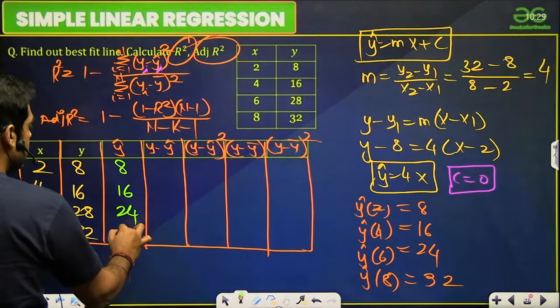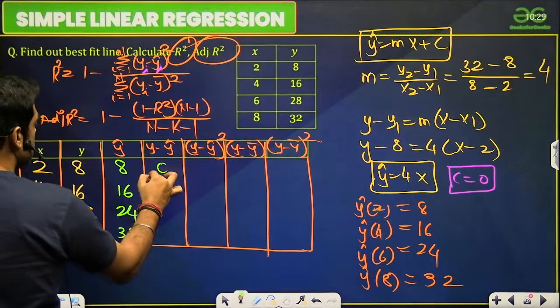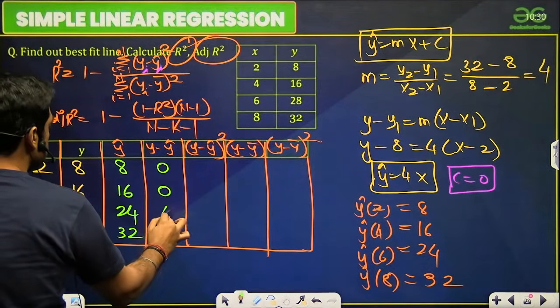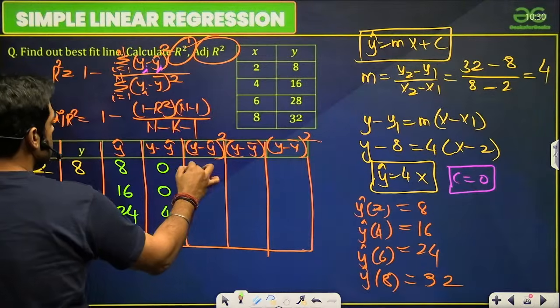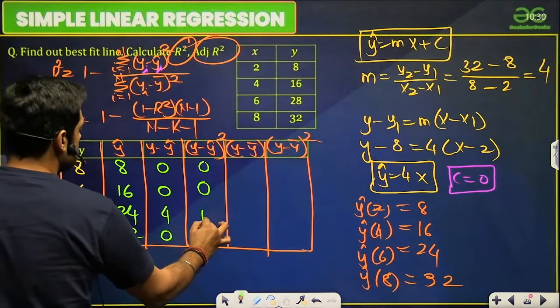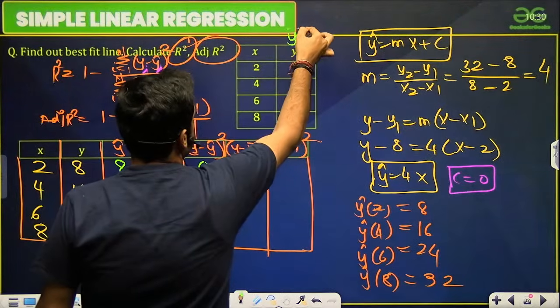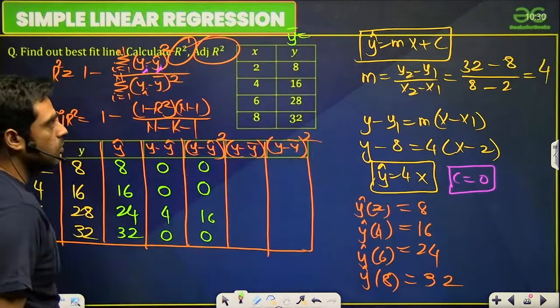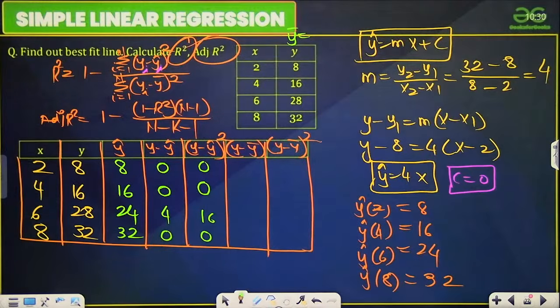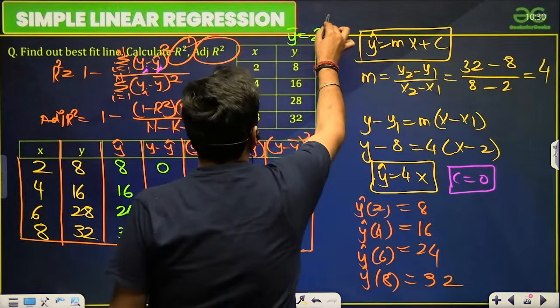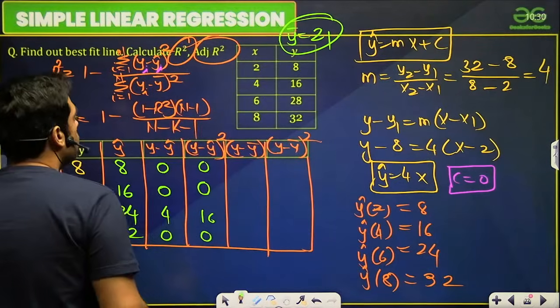So y minus y hat is 0, 0, 4, 0. If I just square it, 0, 0, 16 and 0. Then what is the value of y bar here? The y bar would come around 21.